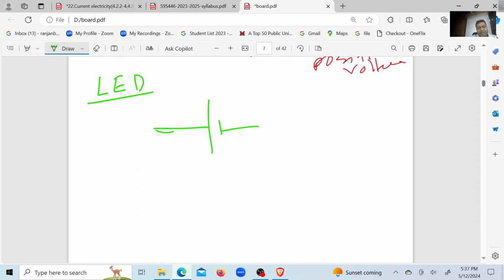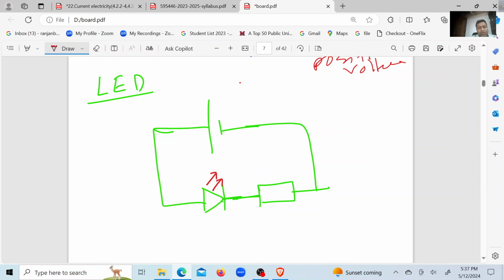This is forward bias. Normally we don't connect a single LED to the battery because an LED cannot take a bigger voltage, it will burn out. So this is a safety resistor. If you connect it this way, the LED glows. If it is reverse bias it will not glow, but the symbol, this arrow, will be there to show that this is an LED.